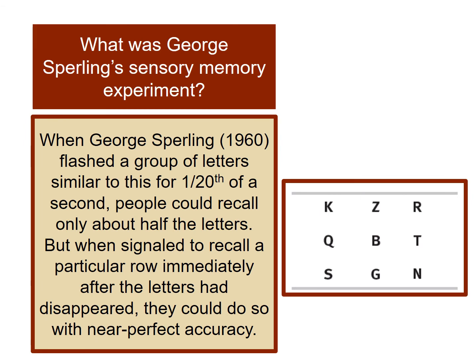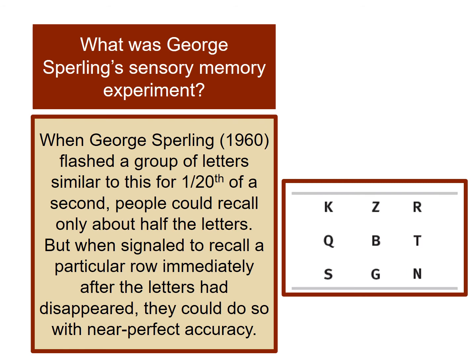What was George Sperling's sensory memory experiment? In 1960, Sperling flashed a group of letters similar to this for one-twentieth of a second, and people could recall only about half the letters. But when signaled to recall a particular row immediately after the letters had disappeared, they could do so with near perfect accuracy.